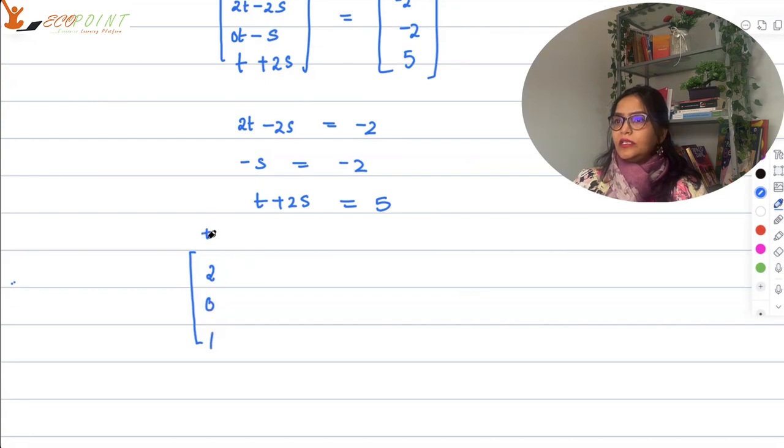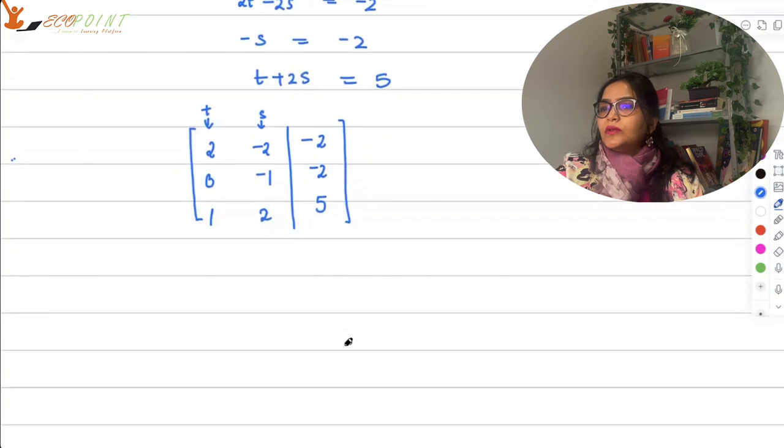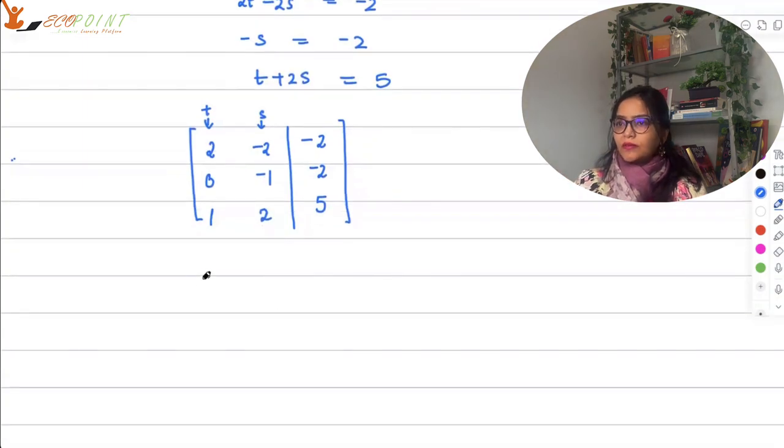This is for t and this column is for s, so it's going to be -2, -1, 2. And the augmented form, right hand side is -2, -2, 5. Now you can solve these equations using the matrix methods.